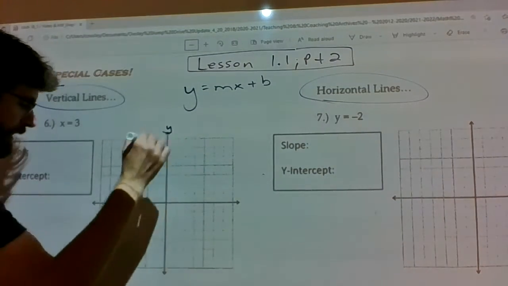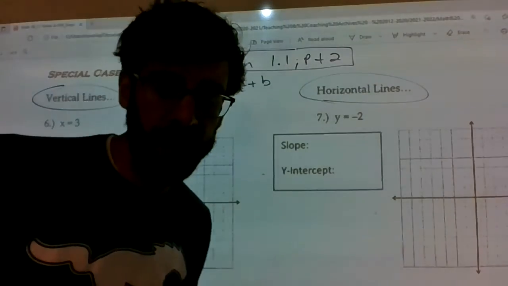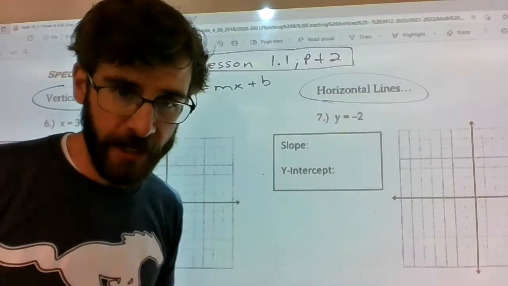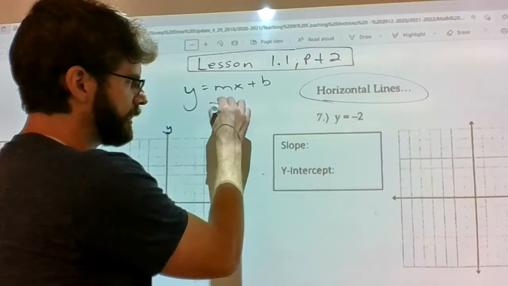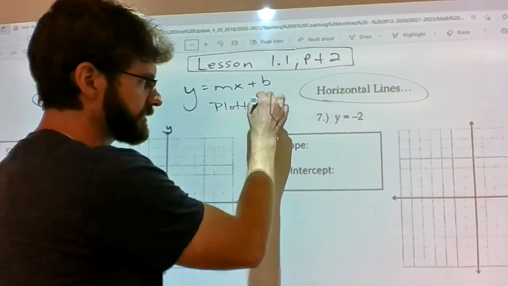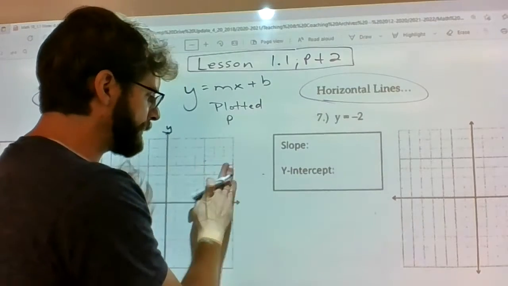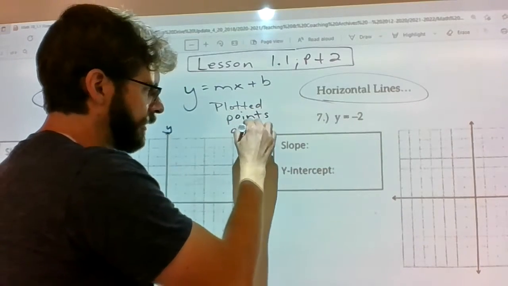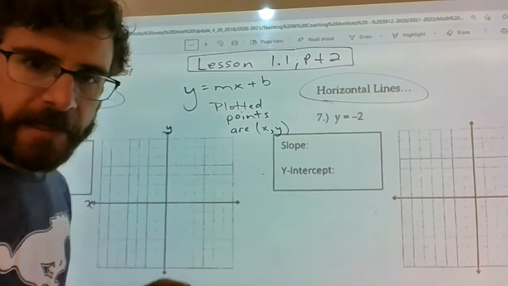So really, x equals 3 is just talking about how the x coordinates for all the dots that we can create are actually 3. If you recall plotted points on the xy plane, they're basically x comma y, right?